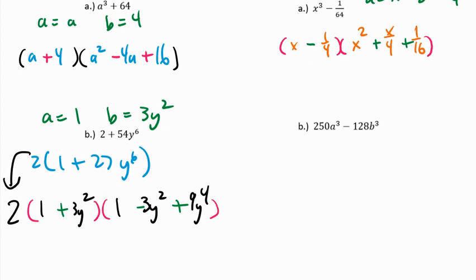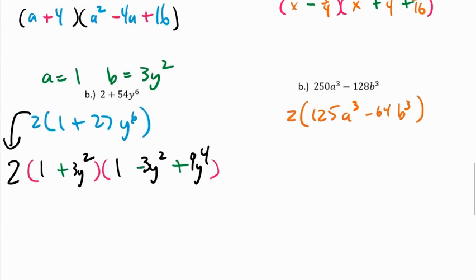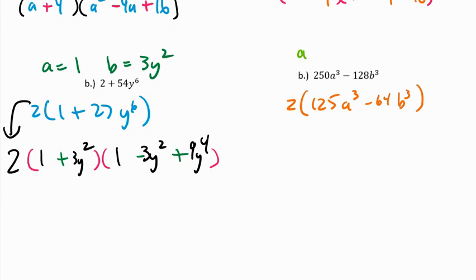On b, let's pull out a 2. That's 125 a to the third minus 64 b to the third. After we pull out a 2, we got a cube minus a cube, so we can factor it. The a is going to equal 5a. The b is going to equal 4b.